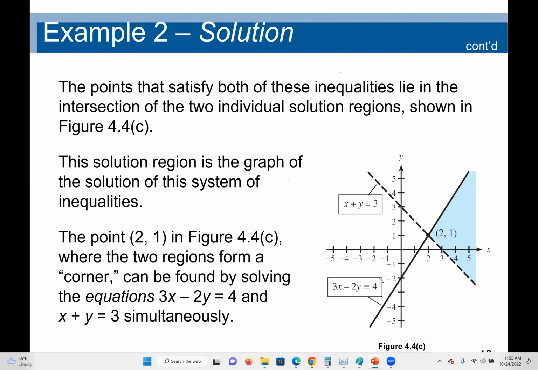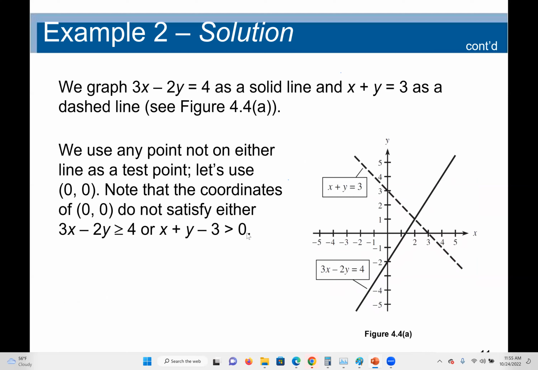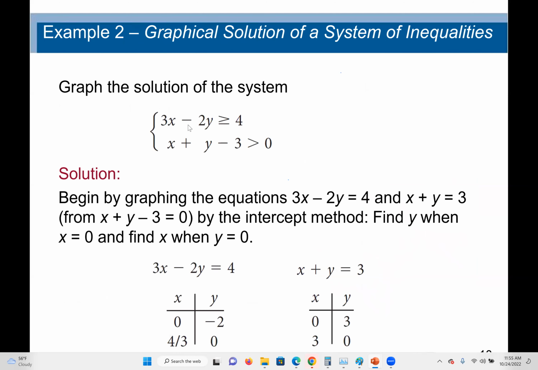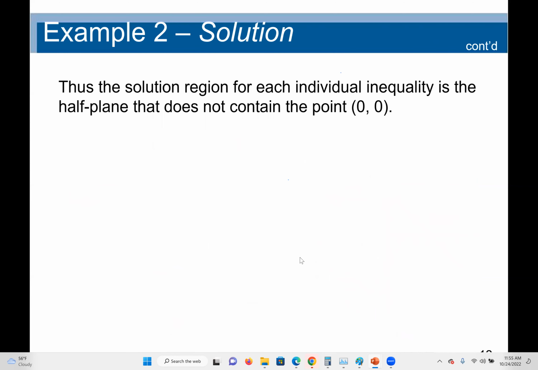But the whole concept is that, since we have two graphs, for any point we take, both conditions have to work. So with 2 and 1, 2 plus 1 is 3, 3 minus 3 is 0. Is 0 greater than 0? No. So the problem is supposed to be saying greater than or equal. With greater than or equal, both will work. So I'll take a note on that. It should be greater than or equal.